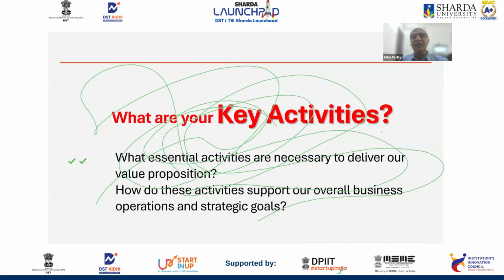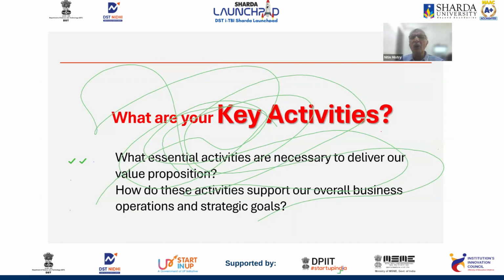Now, what are the key activities? In general, in any business, there are three major key activities. One is making, another is selling, and the third one is supporting. Making includes manufacturing, designing, developing, and delivering. Selling includes advertising, promoting, educating or training your customers about your product or service.